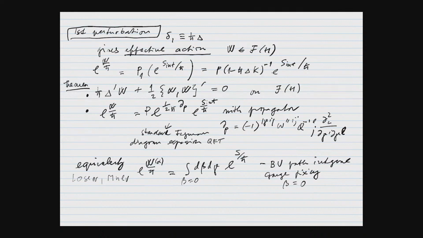And it's a little exercise to show that under this projection, you can rewrite the geometric series as an exponential of something which is the propagator. So this is the standard Feynman diagram expansion in quantum field theory. That's what you do when you compute the S matrix.